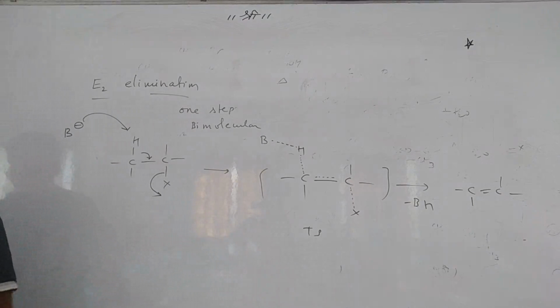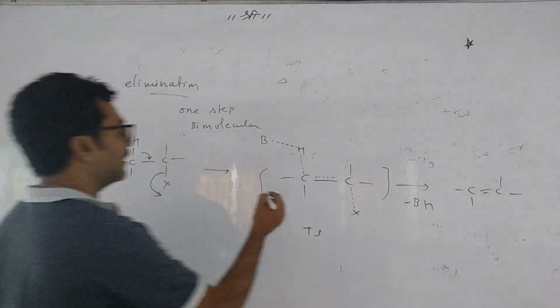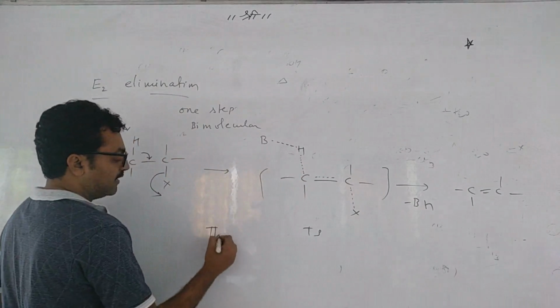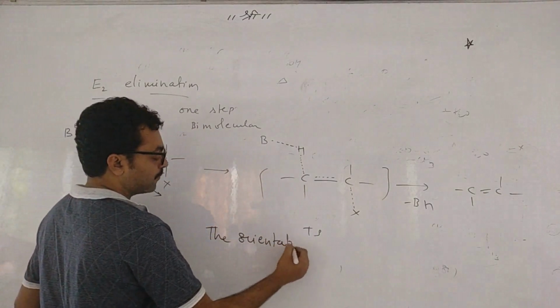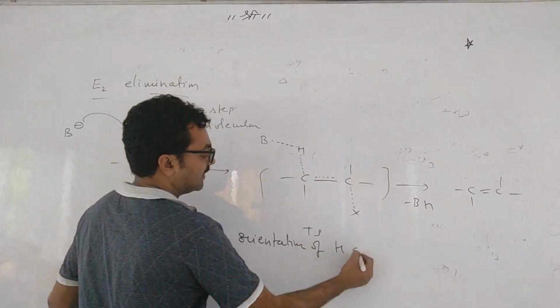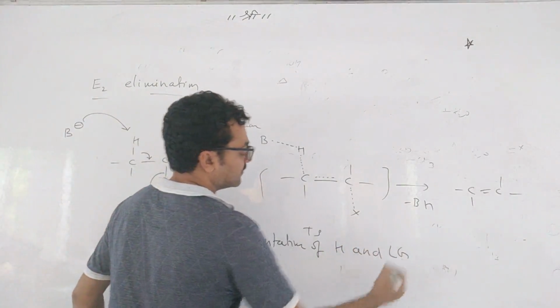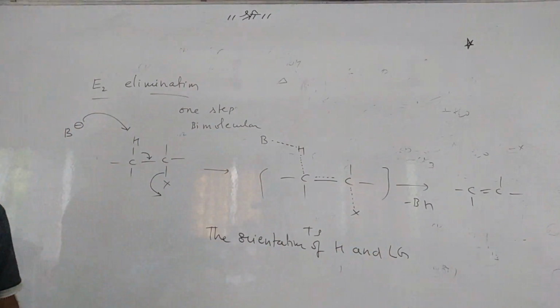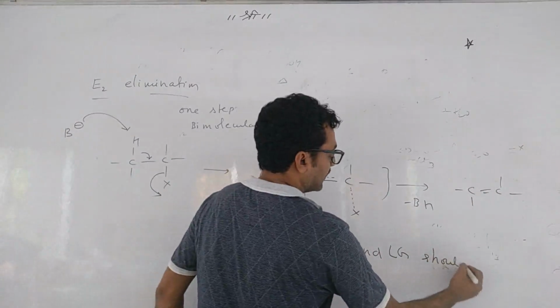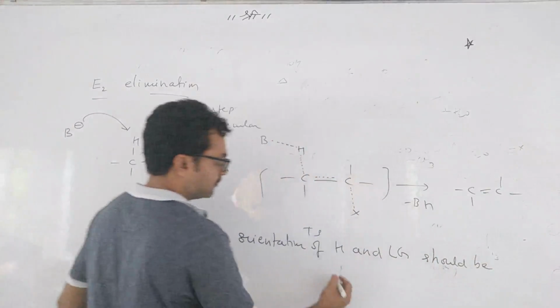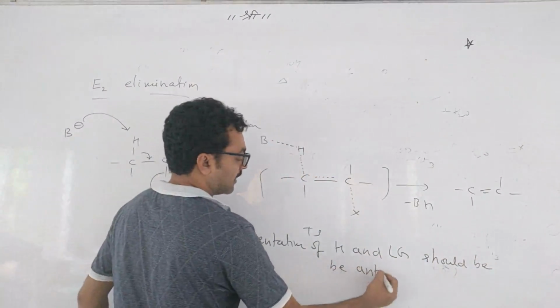I will tell you that point, you write it first. The orientation of the proton and the leaving group, LG, should be in an anti-periplanar relationship.